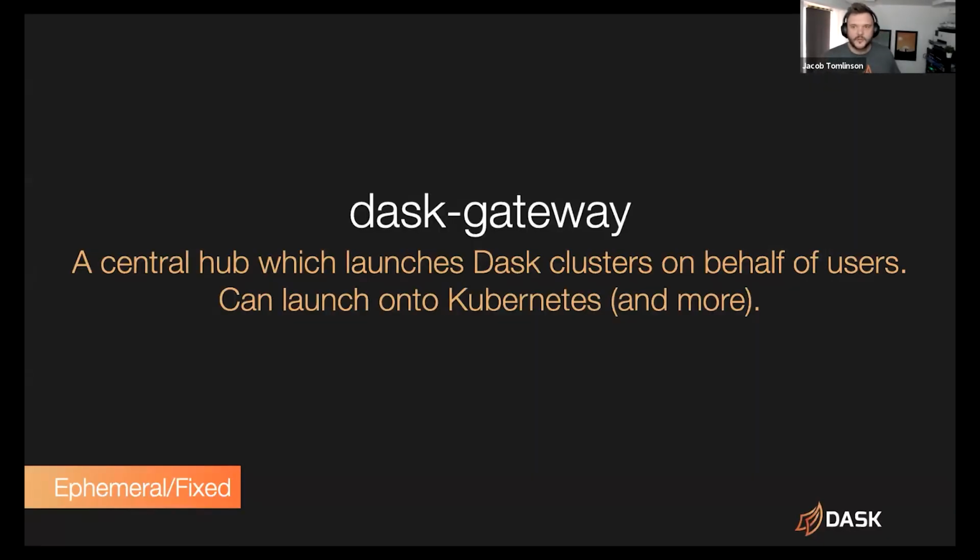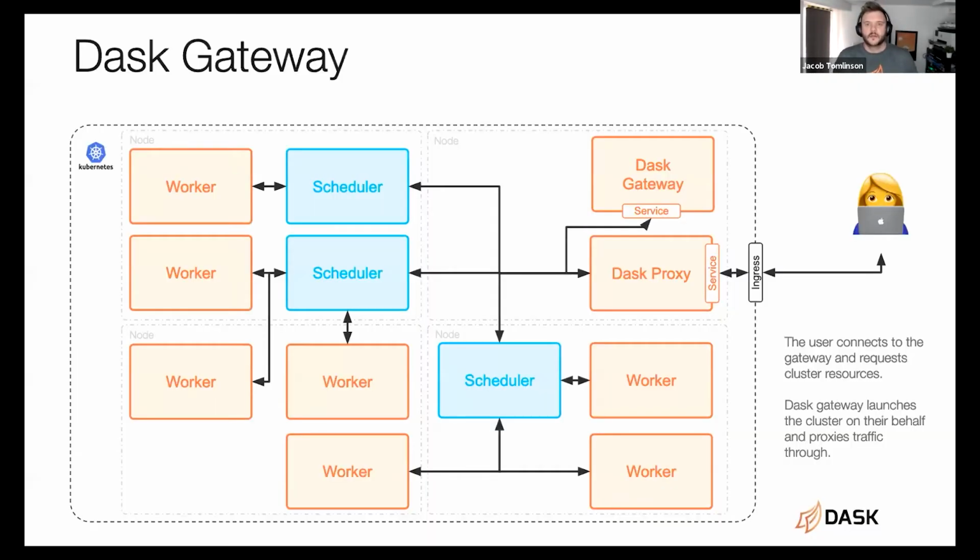So the last thing I want to talk about for the last few minutes is Dask Gateway. Dask Gateway is like a centralized hub, which does what these two things were doing combined, but in a centralized way. You install a Helm chart, and that puts Dask Gateway and a proxy onto your Kubernetes cluster.